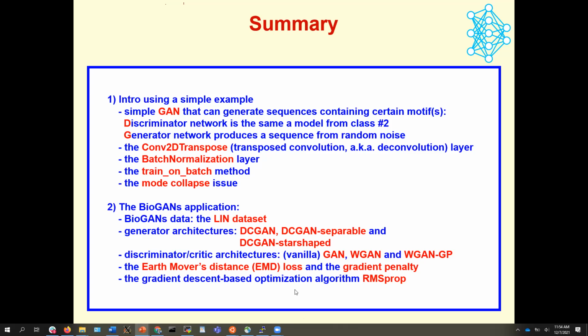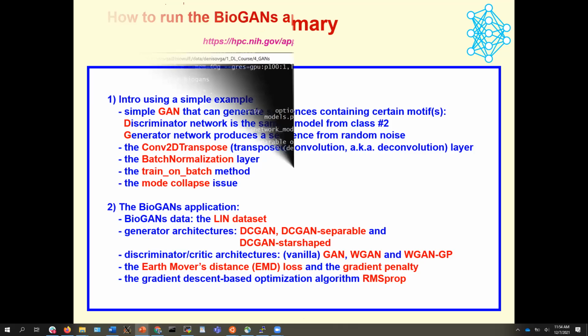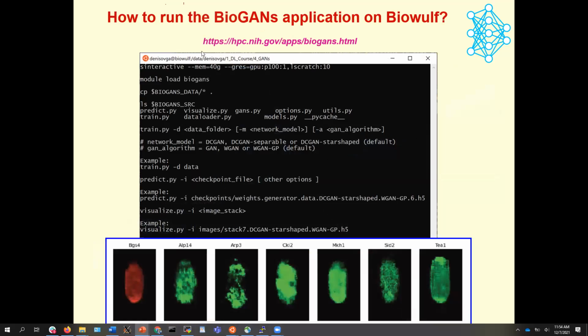Although the software manual is available on the previous slide, the link is here. It should be self-explanatory, and you can try to run this software. If you have any questions, you can email me. I'll be happy to address your questions about the software.